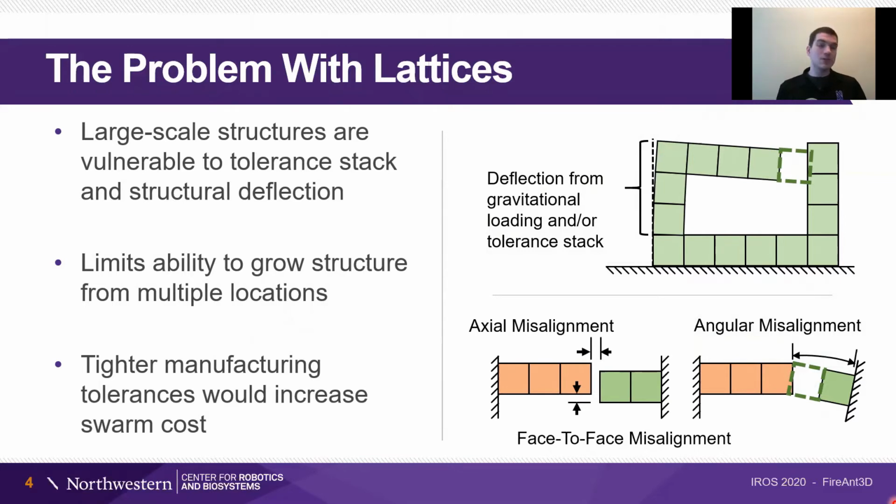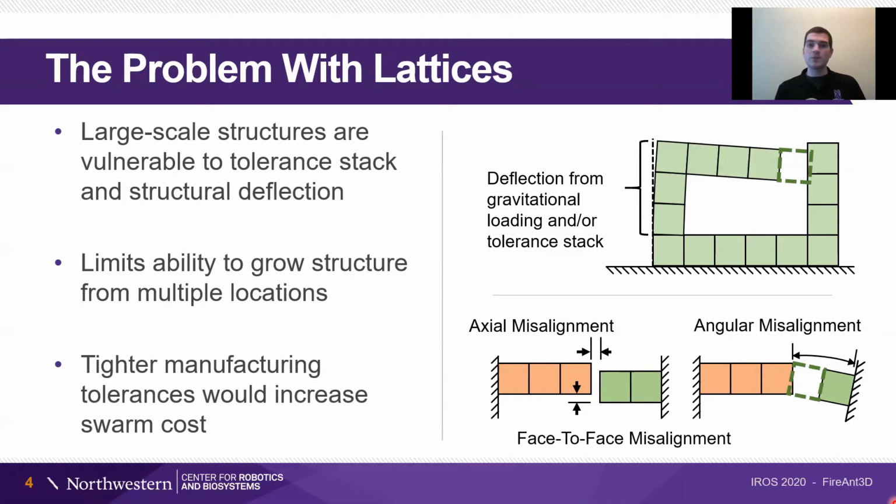This can be due to tolerance stack of the assembled robots or due to gravitational deflection of the structure as it's being built. Lattice structures are also problematic if you're trying to build from two locations at once and meeting in the middle. Because with this sort of scenario, you would have to very rigidly control where exactly the robots are starting. If you don't understand the environment, this is going to be difficult to do.